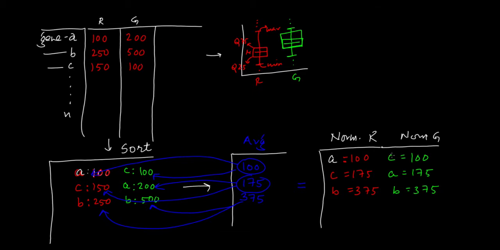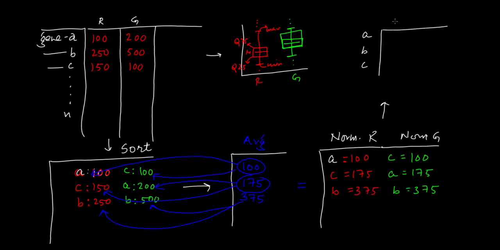Remember, I'm not changing the data. The gene orders are different here. Since I know my gene order is ABC, I can always convert this back to ABC. So I put ABC now, and I put in that order.